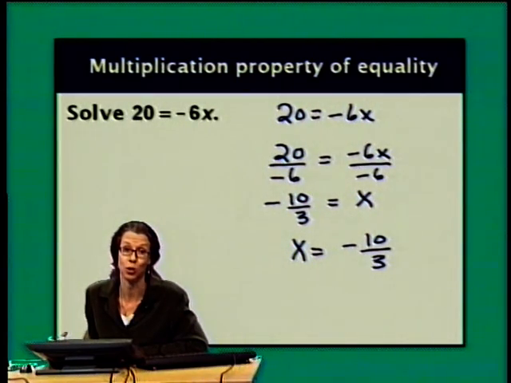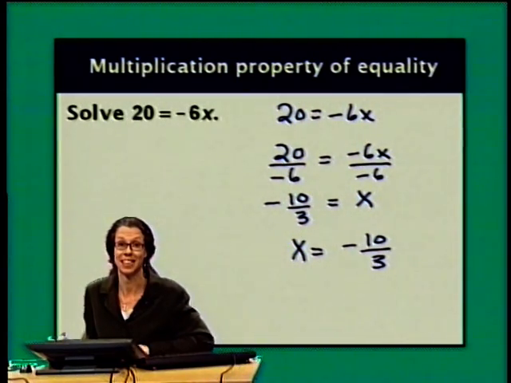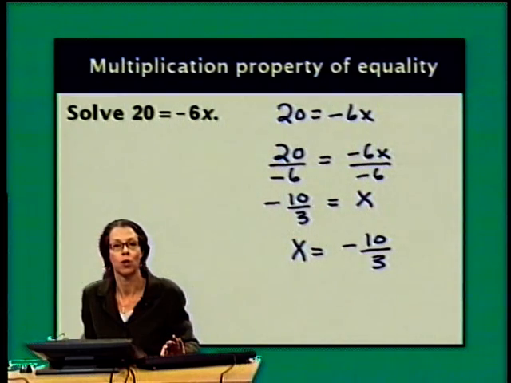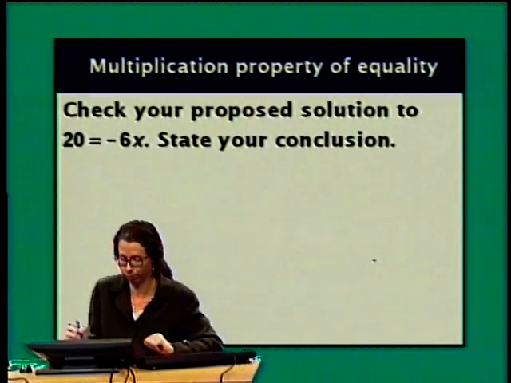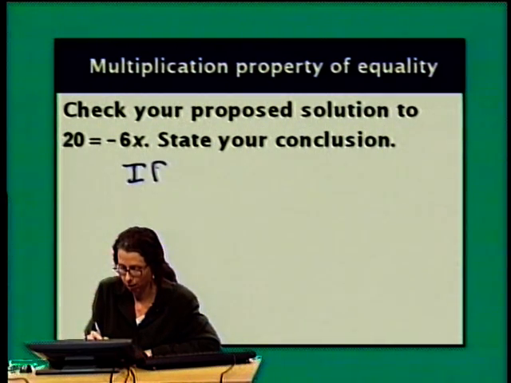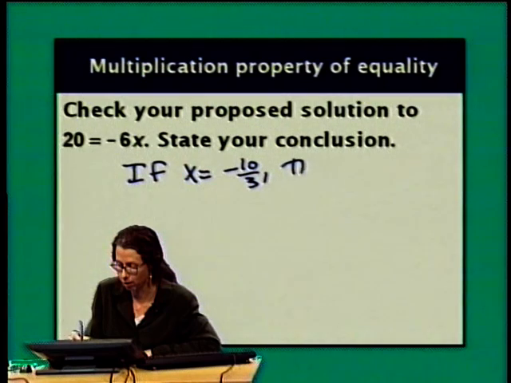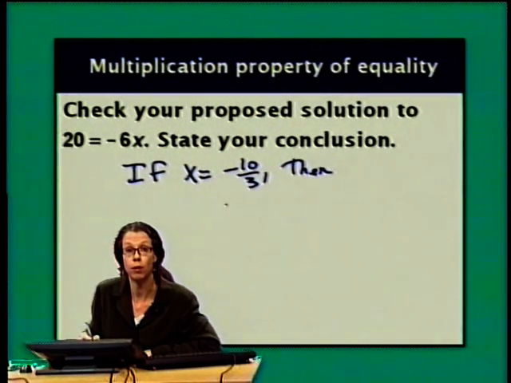And I know what the solution to that equation is. It is negative 10/3. So now I have to check this proposed solution in my original equation. So if x equals negative 10/3, then my variable term is on the right-hand side.